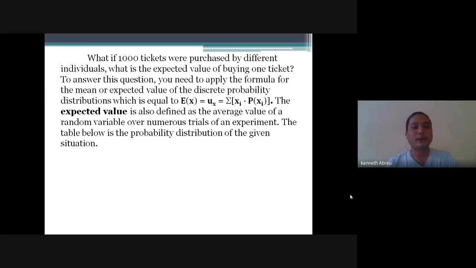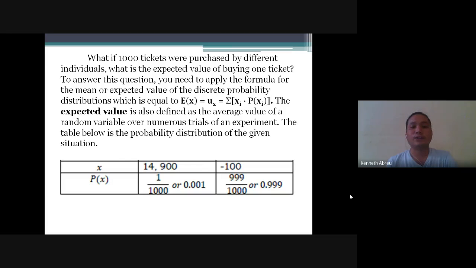So the table below is the probability distribution of the given situation. So yung x natin, yung matatamaan mo which is 14,900 kapag bumili ka ng ticket, and then yung mababawas sa iyong pera which is 100. What is the probability na tumama ka?